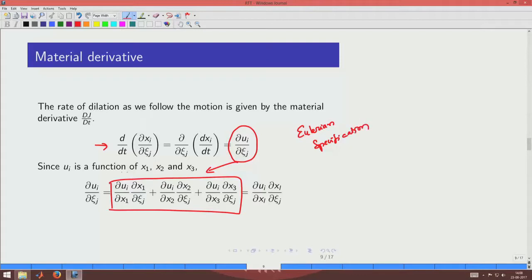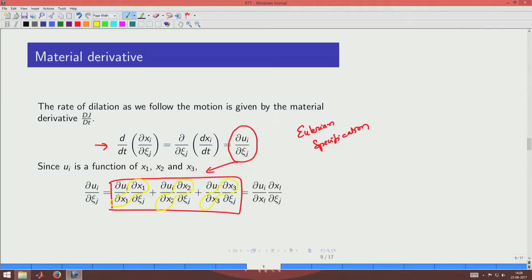So, this becomes a function of the three variables x1, x2, x3, or x, y, z for that matter, which means that when we are looking at this partial derivative, ∂u_i/∂ξ_j, we can use the chain rule and express this as a summation of three terms, and that is where the x1, x2, x3 are coming from. These cross terms show that you are using the chain rule.